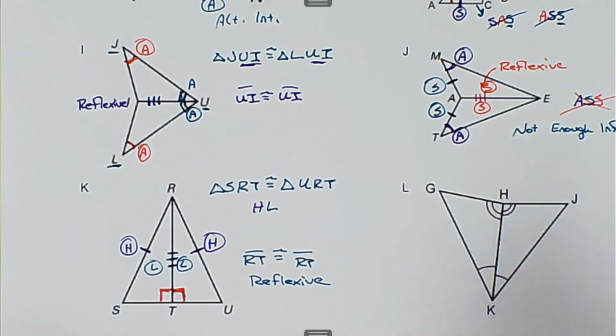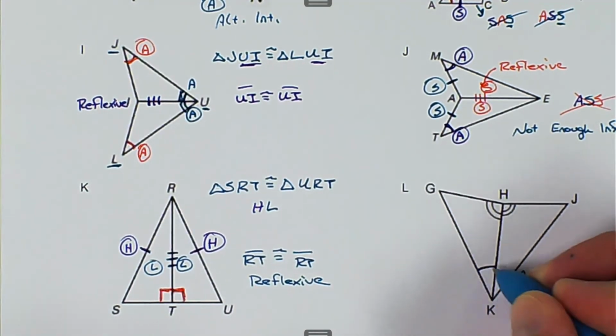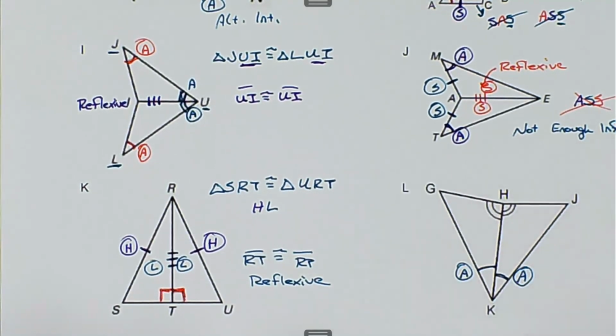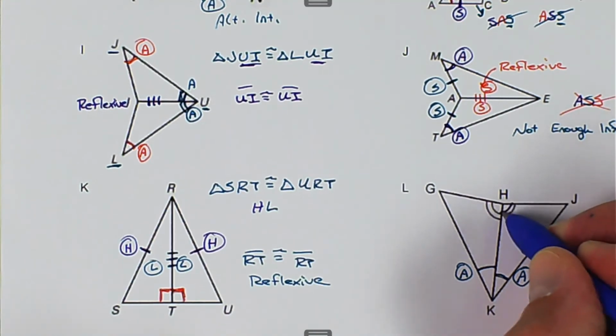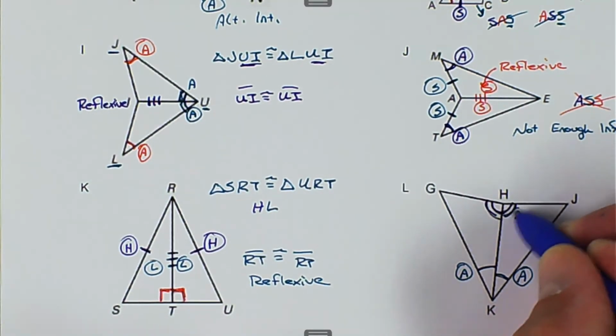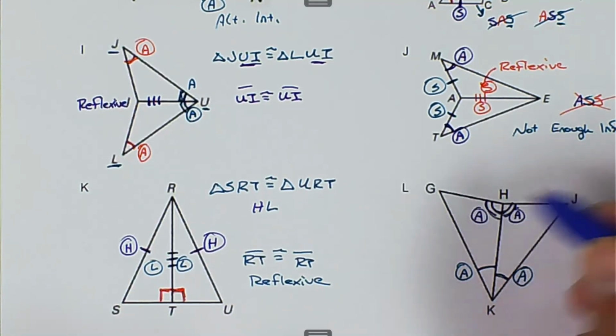And here's our last example. We have an angle and an angle. Those are marked as congruent because there's only one mark for each of those. And then we have 2 marks here and 2 marks here. So that's another angle and an angle.